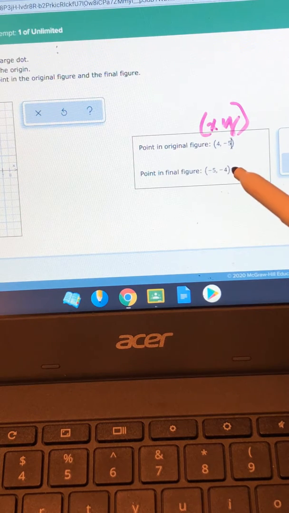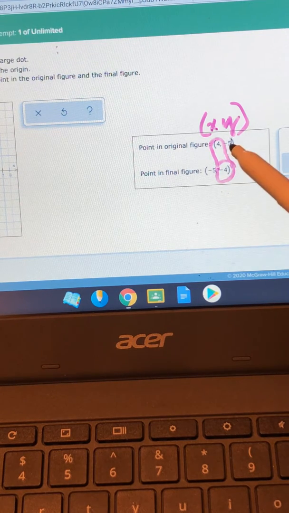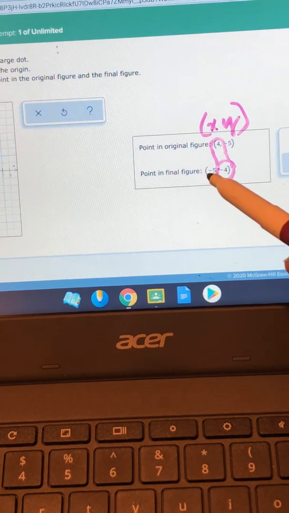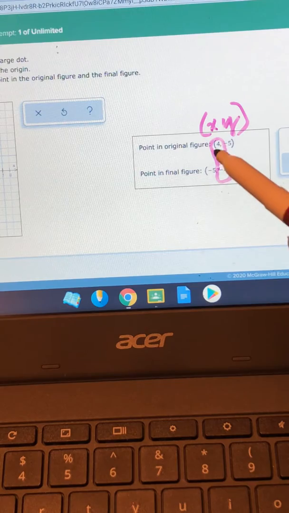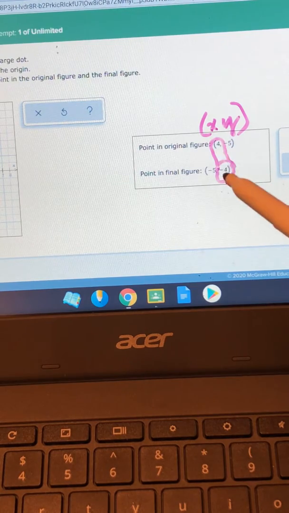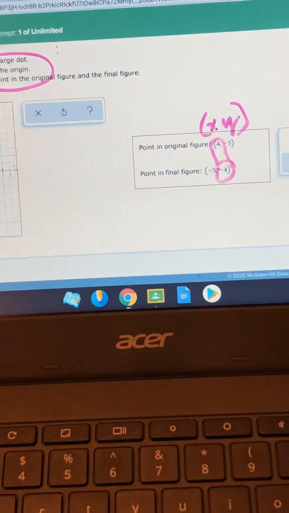And then I'm going to change the X to its opposite. So when the X gets flipped to the back and the Y gets flipped to the front, we're literally switching the 2 numbers. We make the opposite of the X, and that's what we would do for every 90-degree clockwise turn.